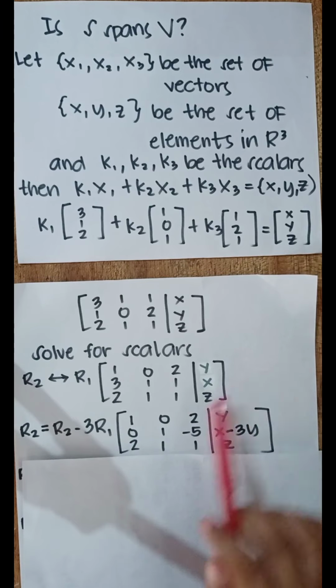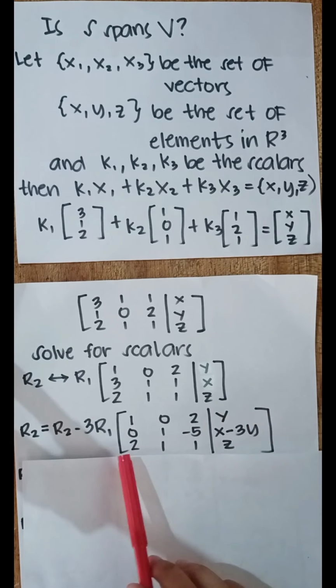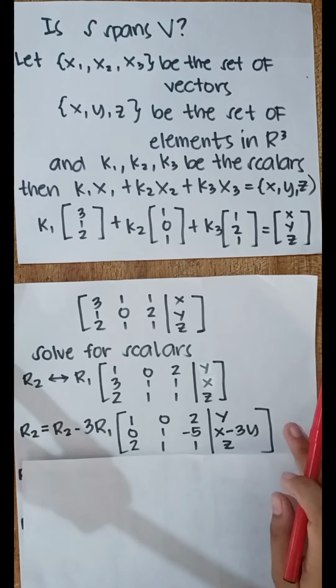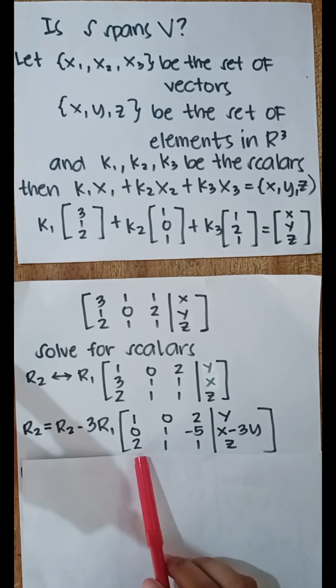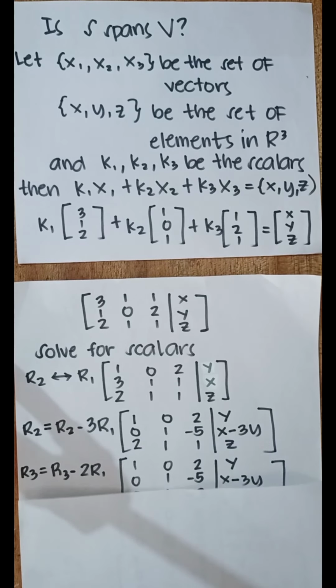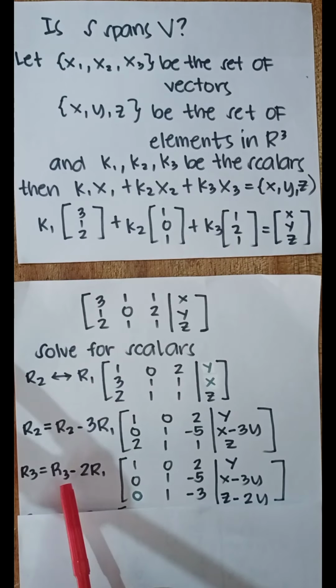Then we copy the first row and the third row. Now, we are going to make this number 2 become 0. To do that, we subtract R3 minus 2R1.